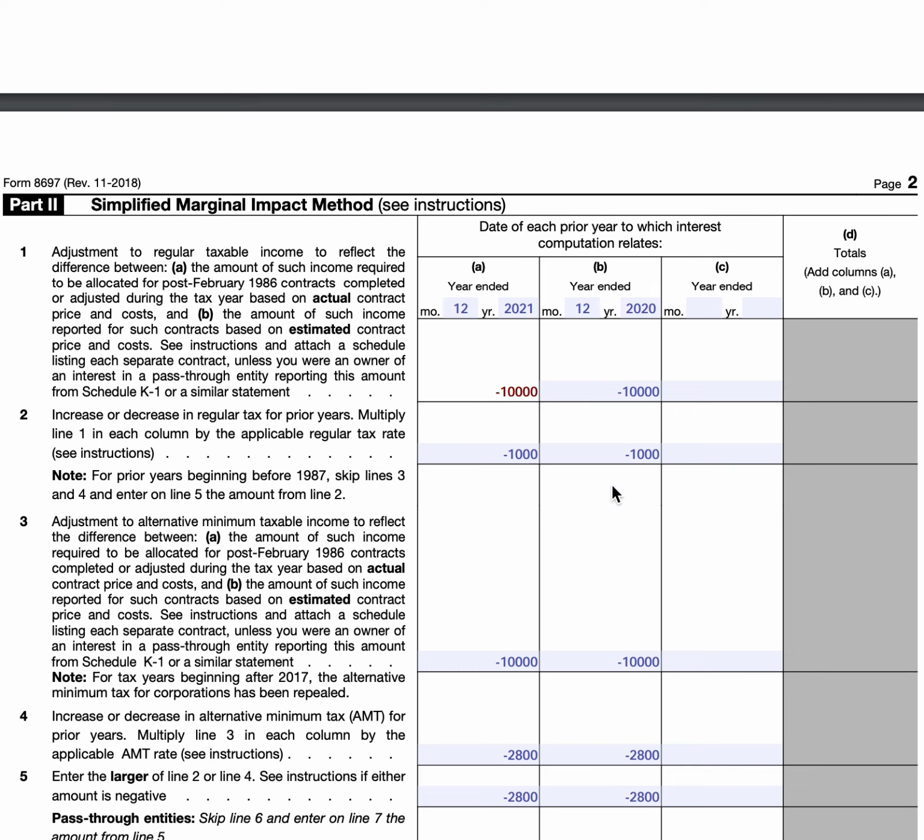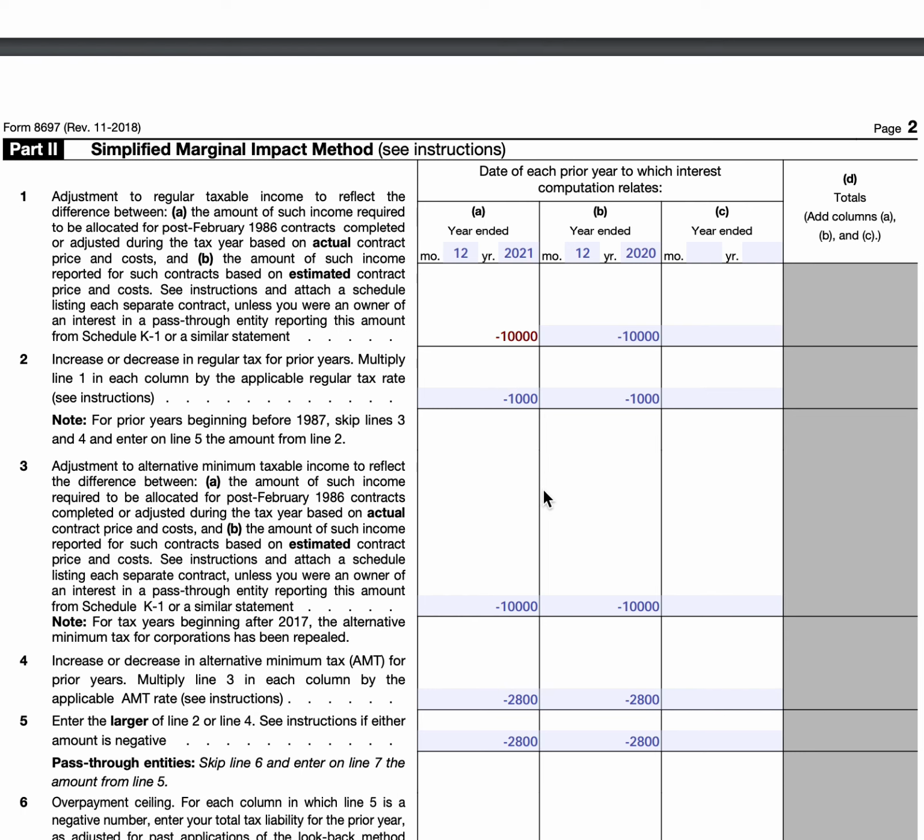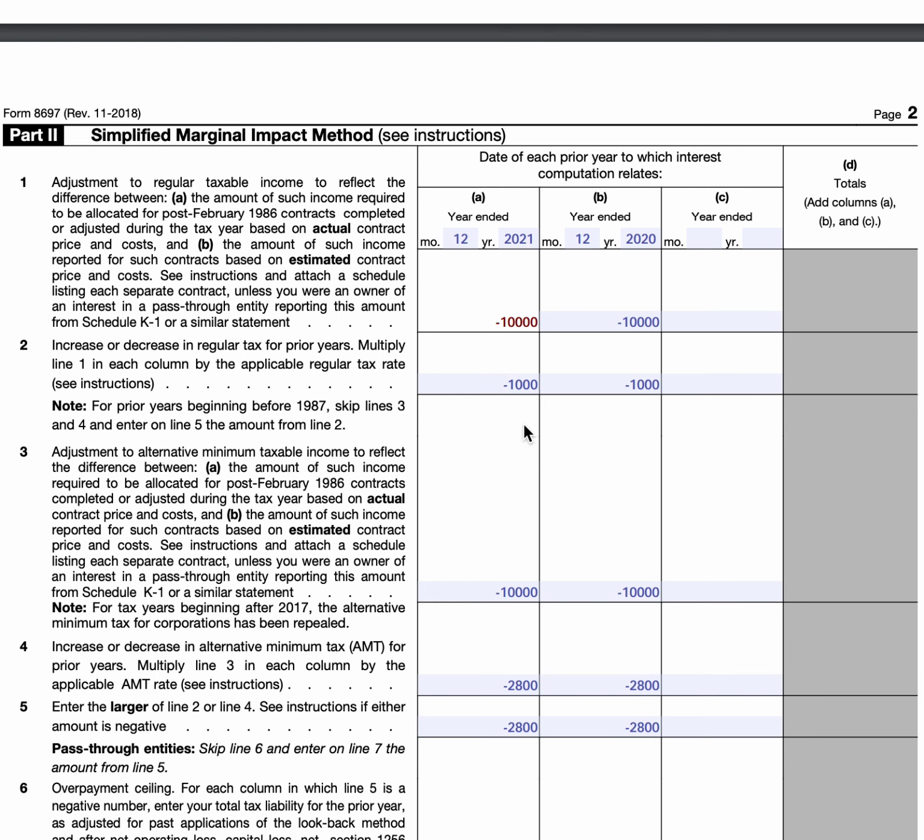So having calculated our net increase or decrease, again, we're not using the 37% number. We're simply using our made up 10% number. We're going to make an adjustment to alternative minimum tax to reflect the difference. So in this case, we just made this the same number, negative 10,000.